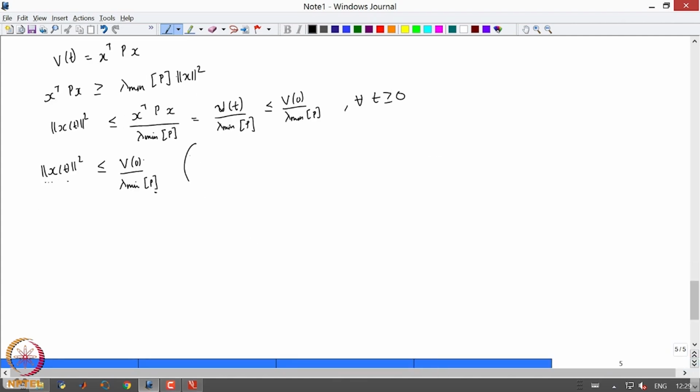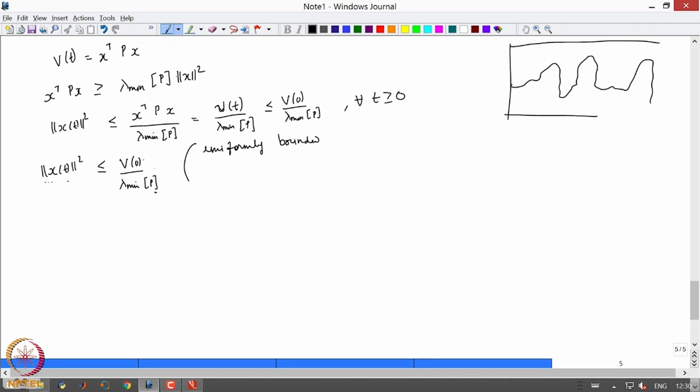It tells me that the solution is uniformly bounded. Whatever happens, maybe they start here, they go here, the solutions will always be bounded by this number, V0 over lambda min of P. So this is uniformly bounded, and therefore, with this step I can at least say that the system is stable, marginally stable, so to speak.